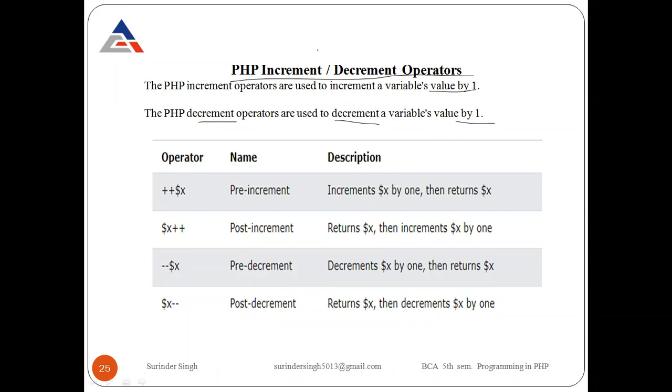The symbol used for incrementing is double addition and the symbol for the decrement operator is double minus. There are two types of increment and decrement operators: pre-increment, or we can say prefix, and the second type is postfix, or post increment and post decrement.